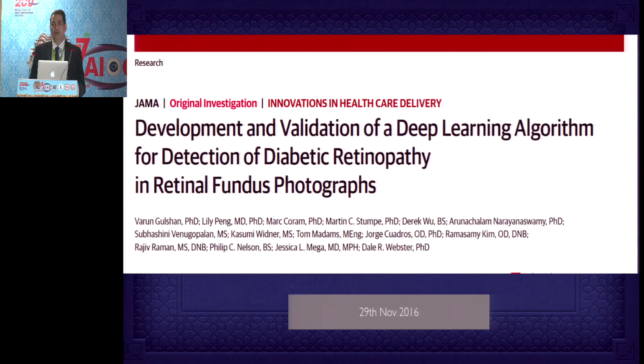This was in November 2016, and it had two editorials by Dr. Neil Bressler and Dr. Tien Wong, and they said two major limitations of this study were that in practice when you screen you don't see only retinopathy, there will be AMD, glaucoma and many other diseases. And the second thing they said was that it's only an Indian population, it's not multi-ethnic, and we know that pigmentation is pretty different in every population, so the algorithm may not work.